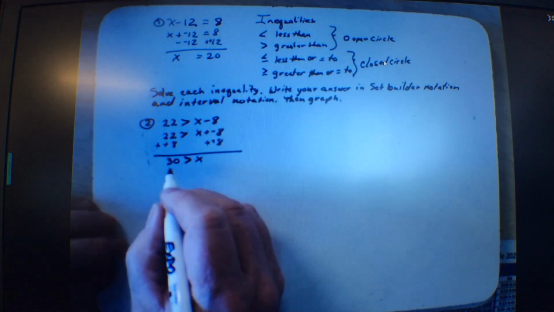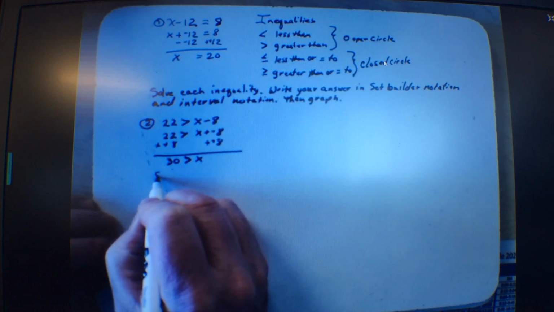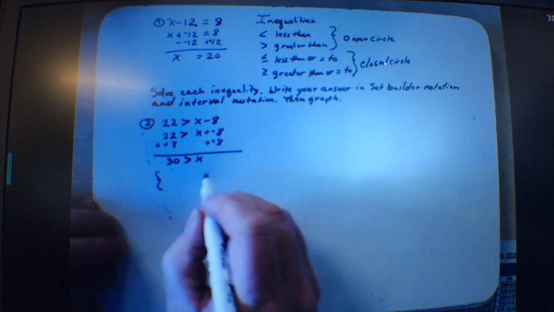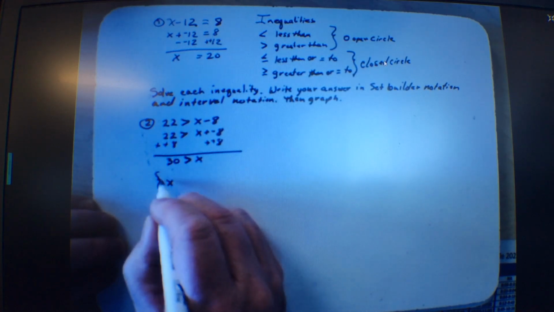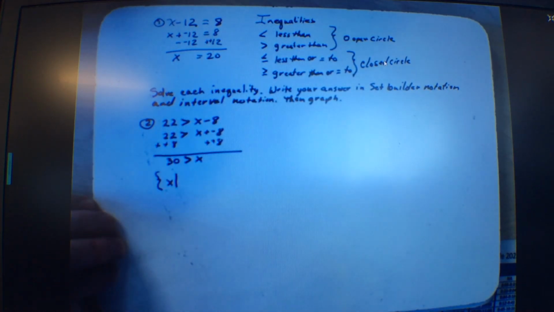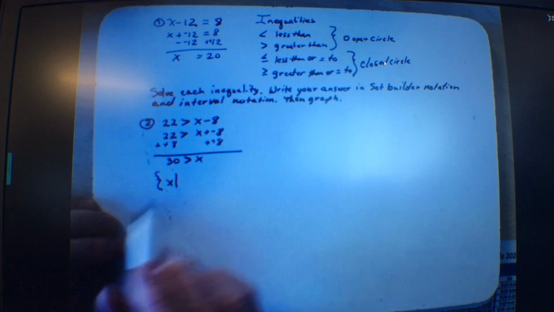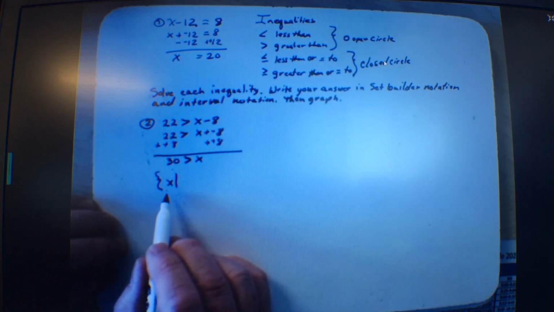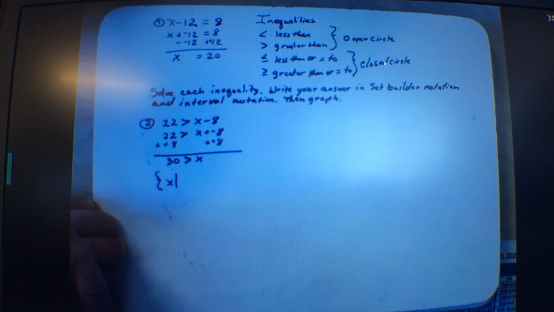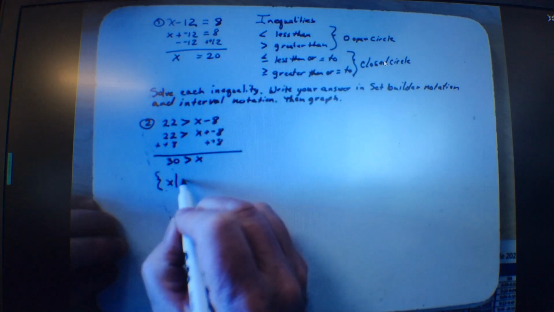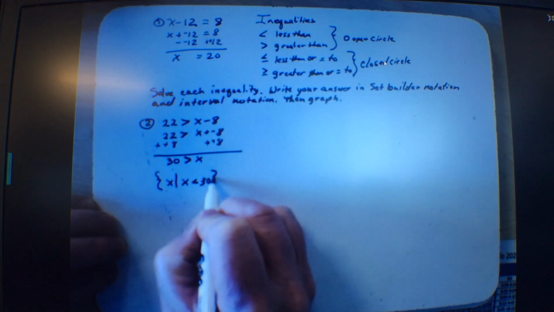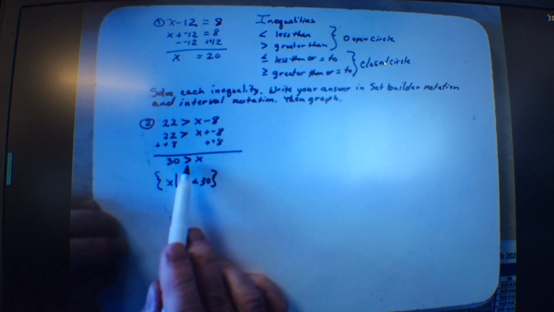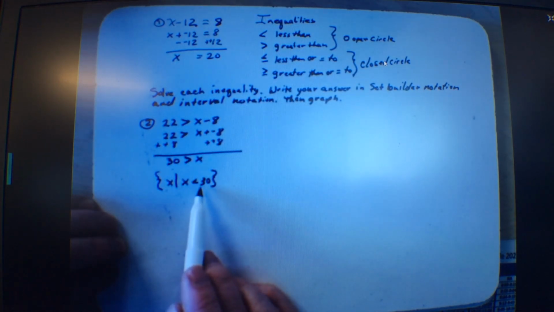Okay? So, when I turn it around, I use what I call set builder notation. It looks like this. You write x, you write a squiggly, and then you write x and then a bar. Okay? Now this means 4x. And then I write x first, and it looks like I switched the sign, but I do not. Because x is less than 30, I write it like this.